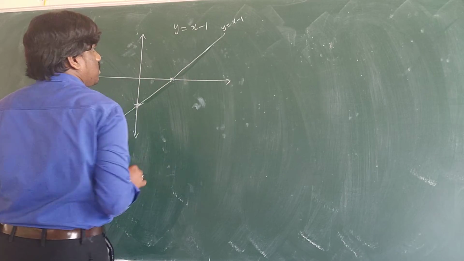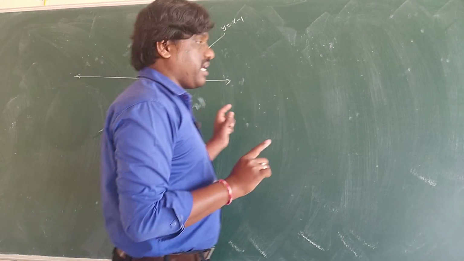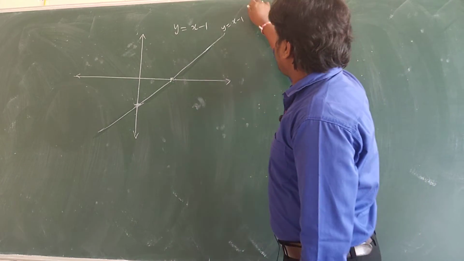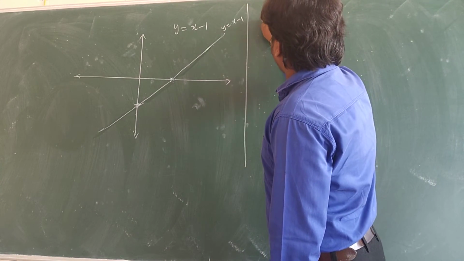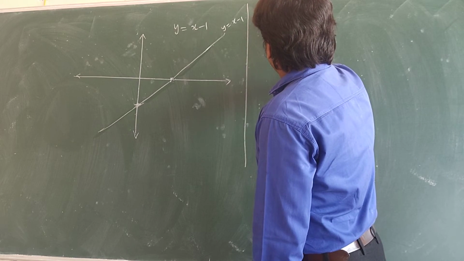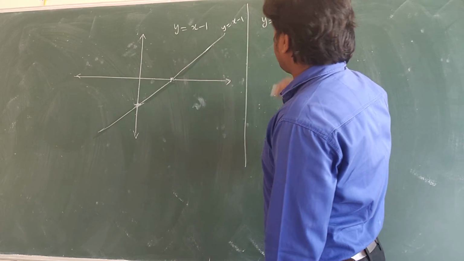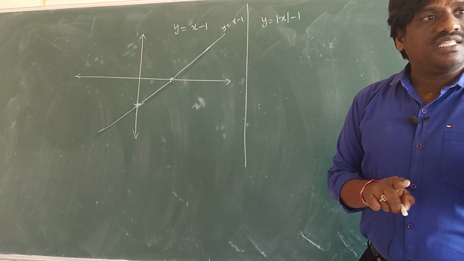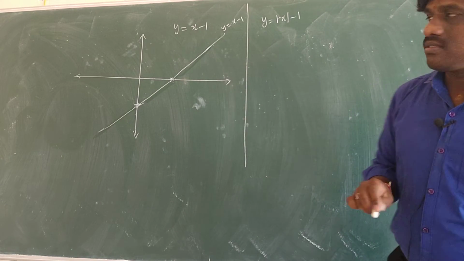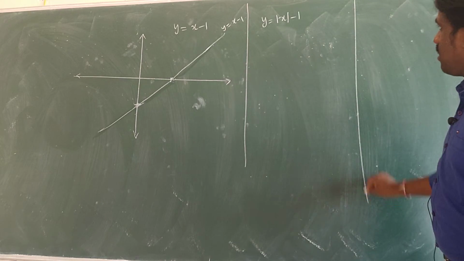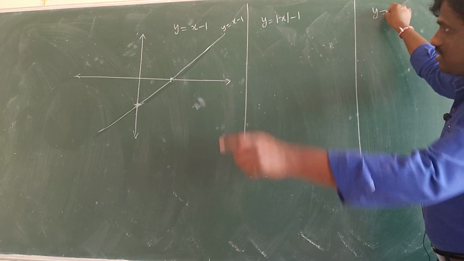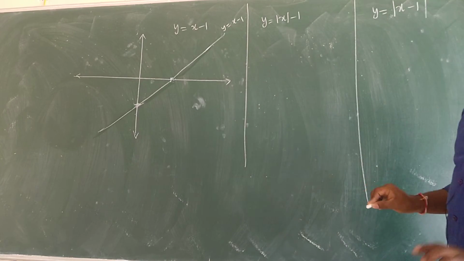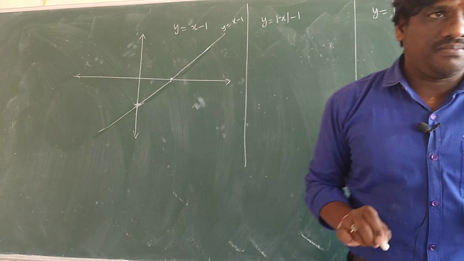Right. Suppose, see, this is the main thing you need to understand here. There is a lot of difference. If I ask you y is equal to mod x minus 1, then the graph will be different. I am taking mod inside the function, on x. And if I take the modulus of the whole function, these both are different things, not the same.